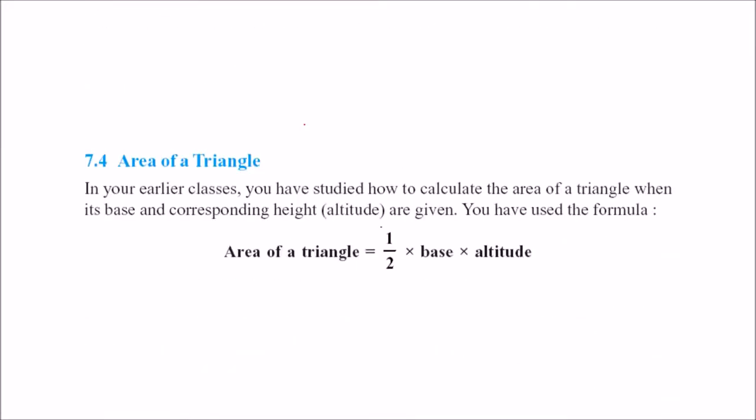The area of a triangle. In simple terms, if this is the triangle, if we know the base and the height of this triangle, we can easily find the area of the triangle using half into base into altitude or height.